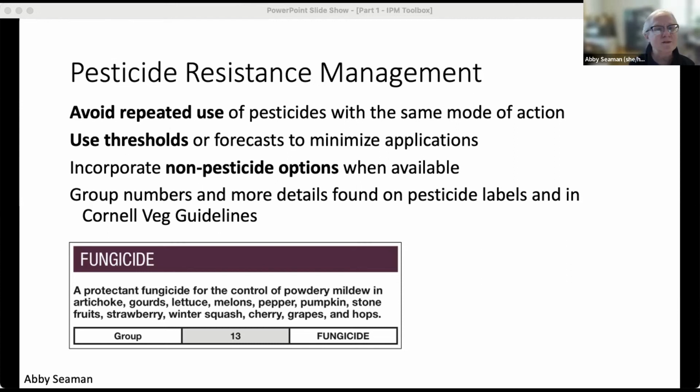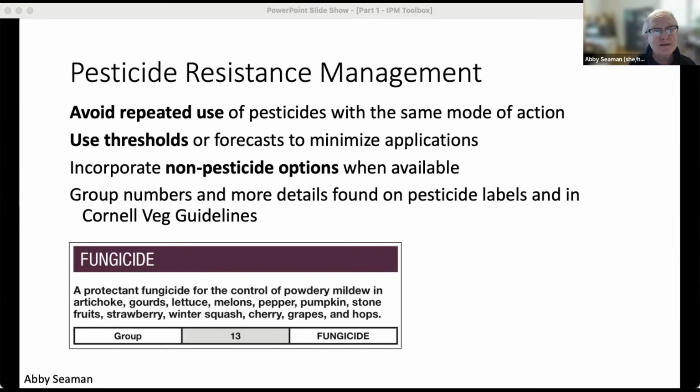You want to not apply insecticides with the same mode of action repeatedly to a pest population, especially those that have multiple generations per year, because you're selecting for the ones that have a little bit of resistance, and then those are the ones that reproduce. And then you end up with a population of increasingly resistant insects in your field.